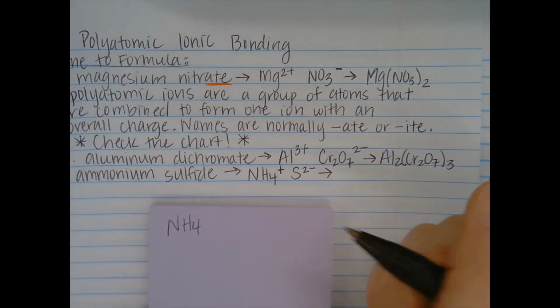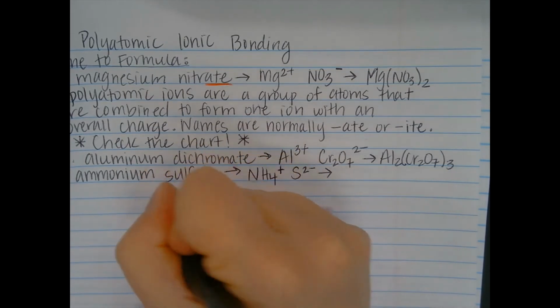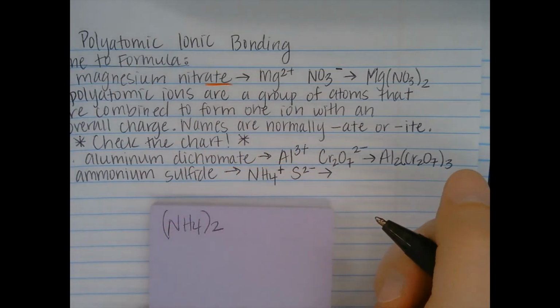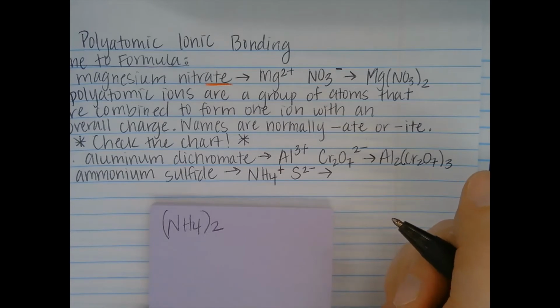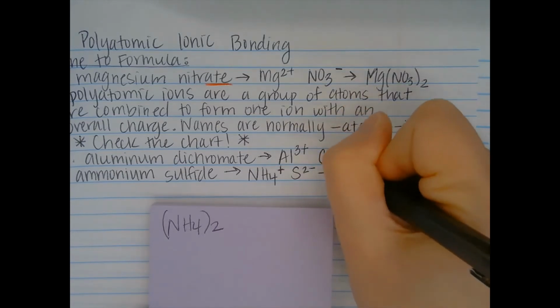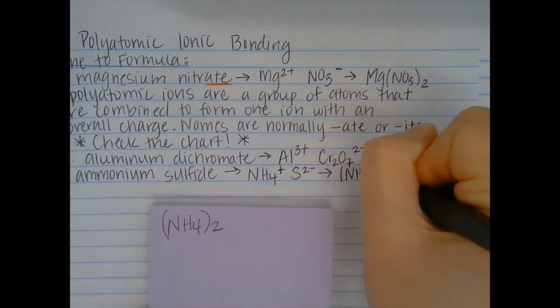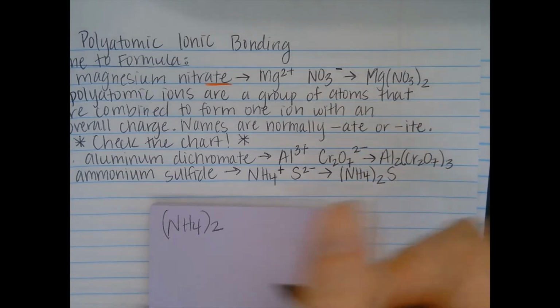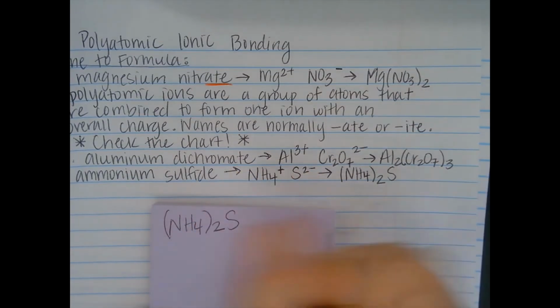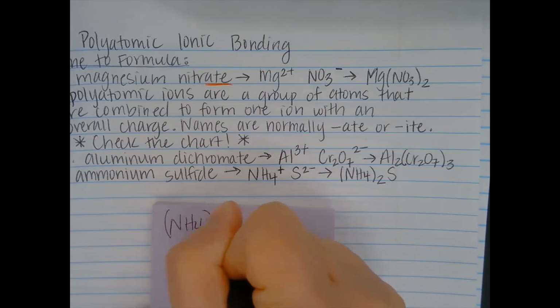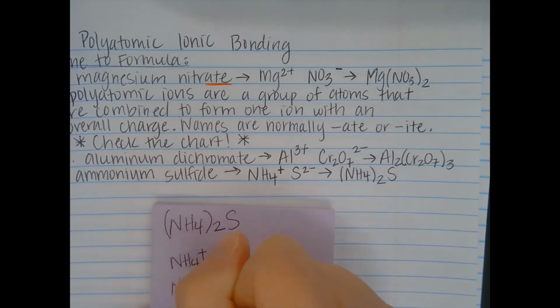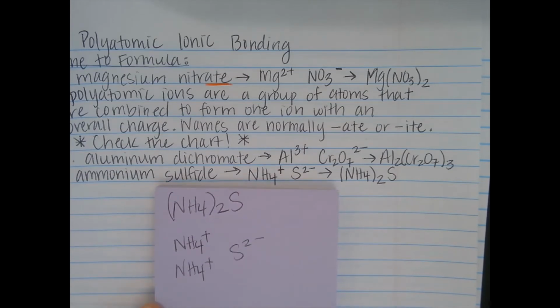So I'm going to use parentheses again to show that I need 2 of that group. (NH4)2S. Because what this means is that I have 2 ammonium ions and 1 sulfide. And a plus and a plus and a 2- adds up to 0, which means this is a neutral ionic compound.